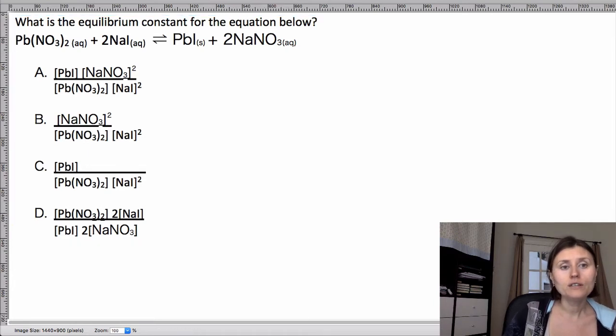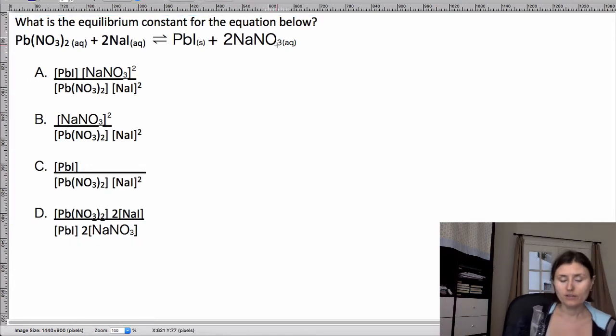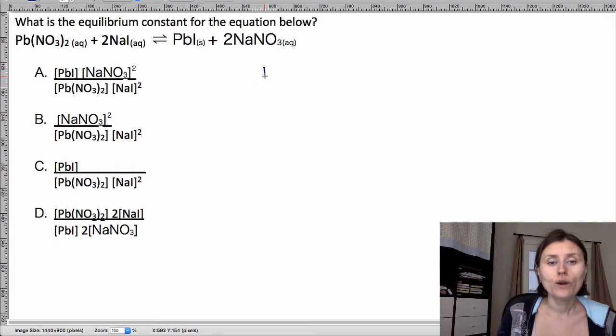A couple of things that we should know for this problem. One is the definition of the equilibrium constant.